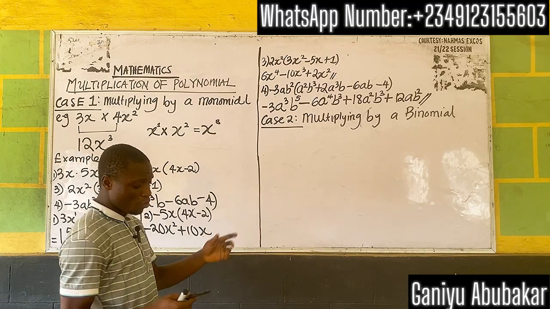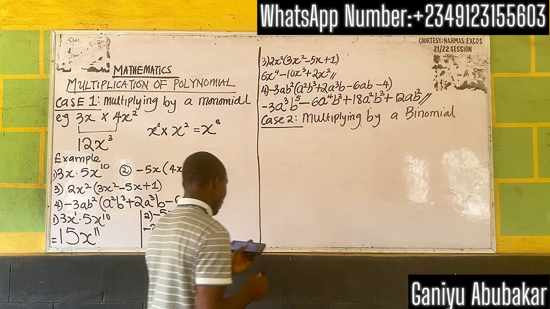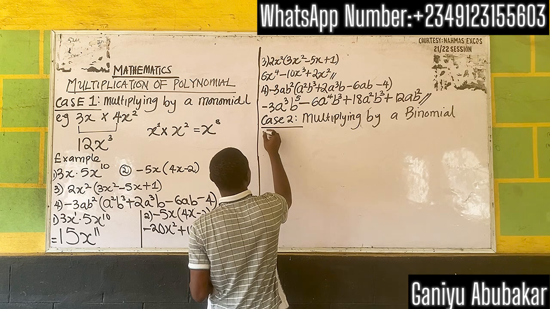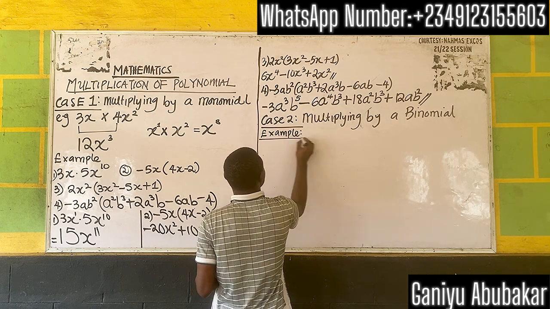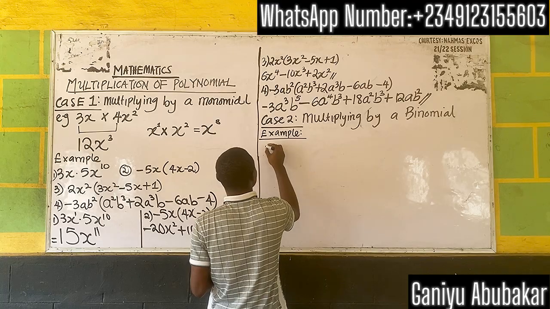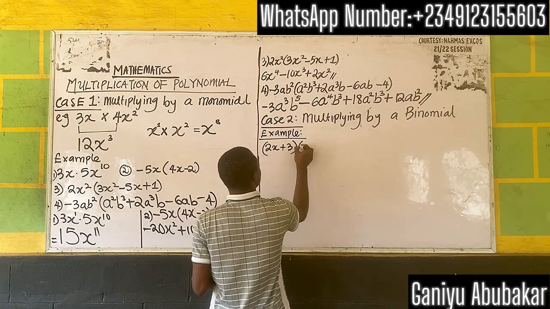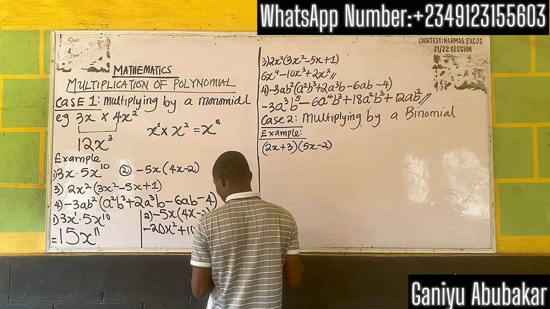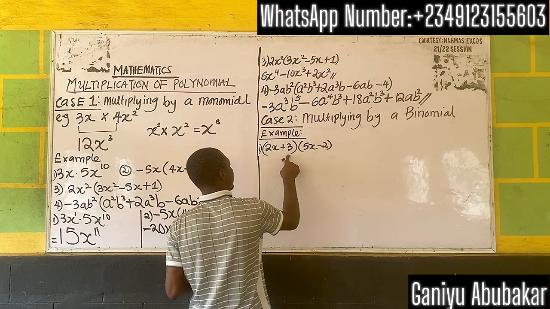Now before I move on, let me just explain the idea behind multiplying a binomial. Let me take an example. If I have 2x plus 3 multiplying 5x minus 2, this is an example of multiplying binomial by binomial.